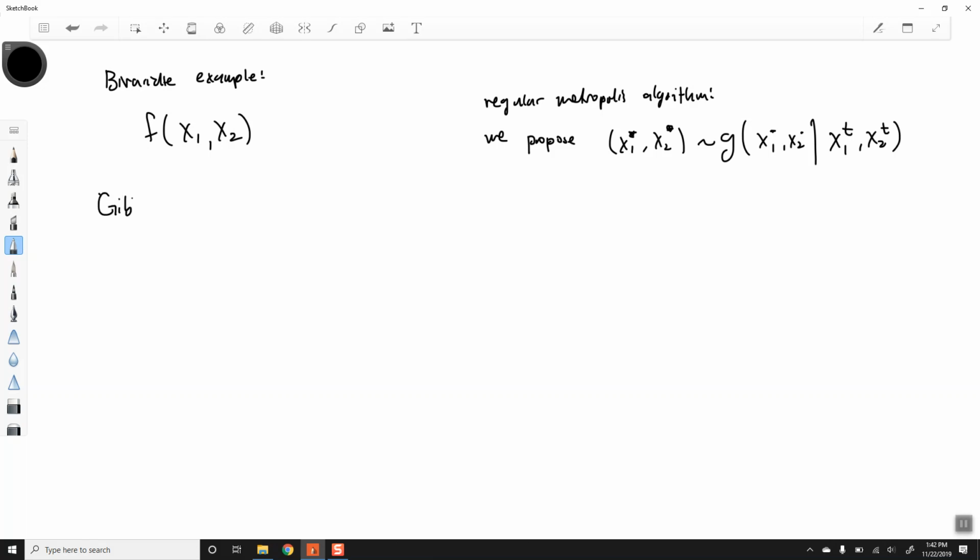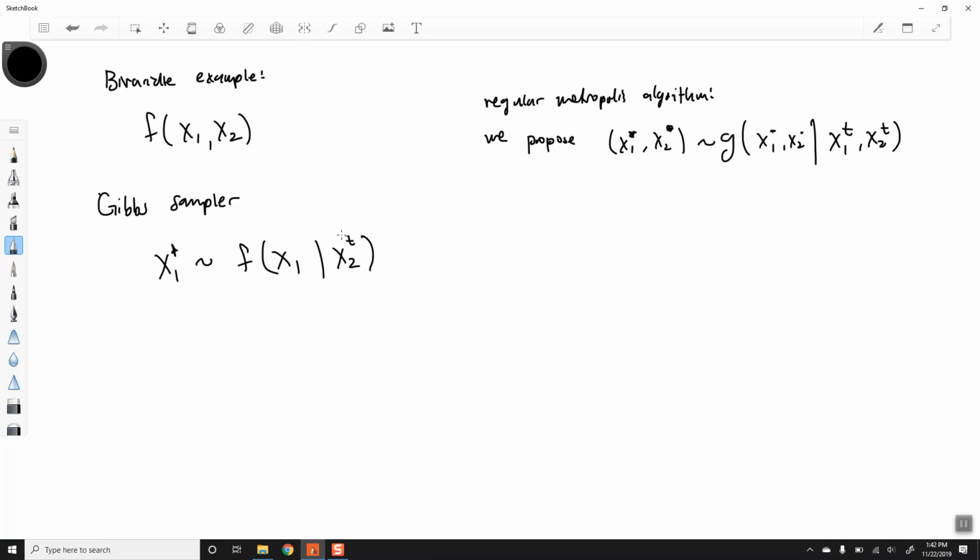The Gibbs sampler says we're going to propose x1 star from basically f of x1 given x2 at time t.